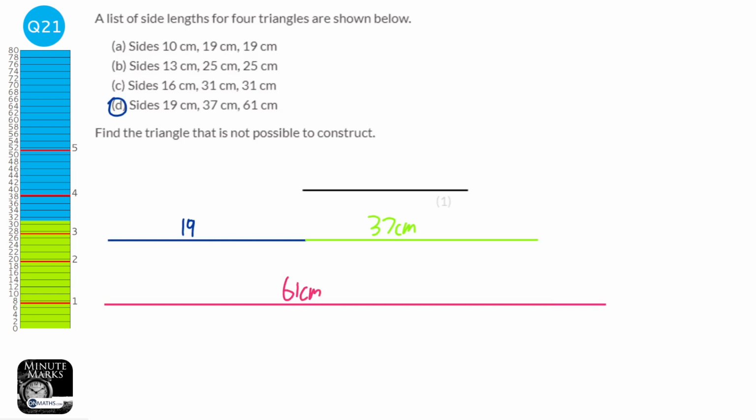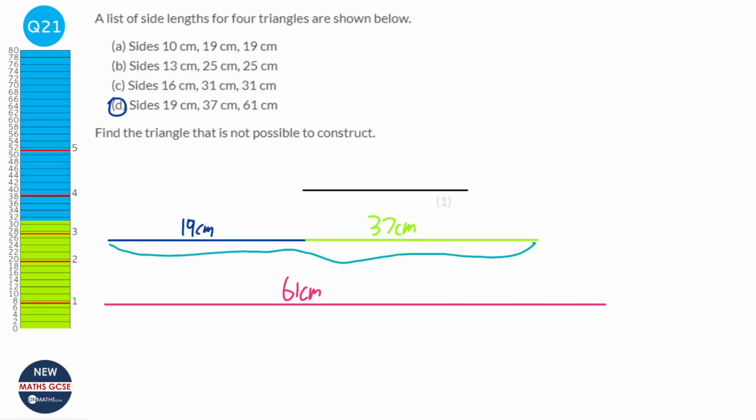Now, looking at the first two sticks, the combined distance of them, when we add them together, is 19 centimeters plus 37 centimeters, which is 56 centimeters. So that's the combined width of them. And you can see that that wouldn't be able to create a triangle if the third stick is 61 centimeters.